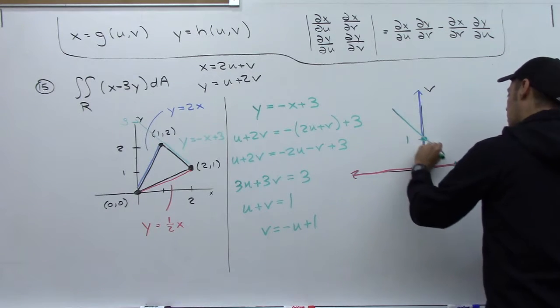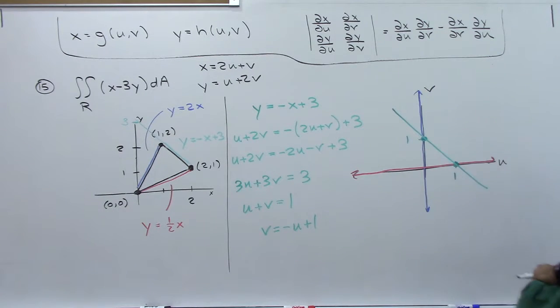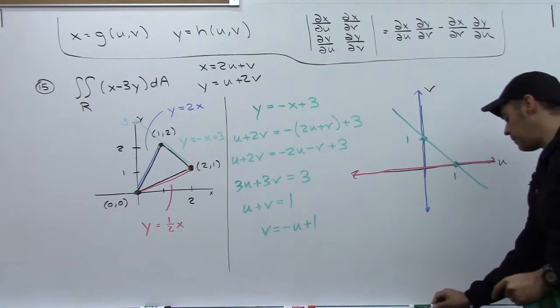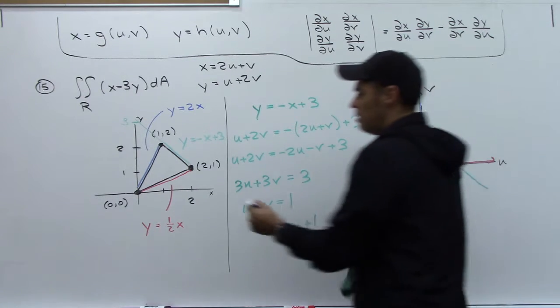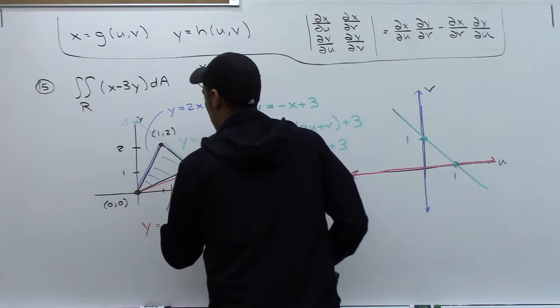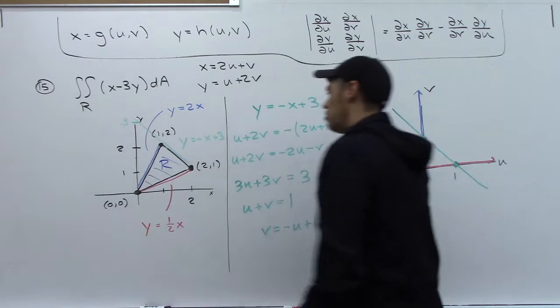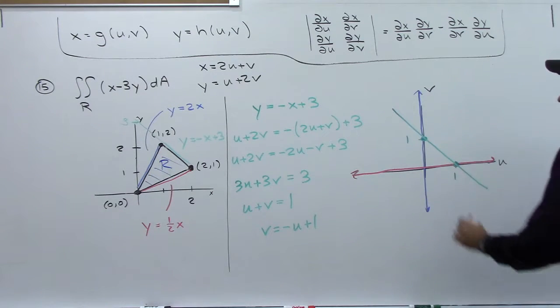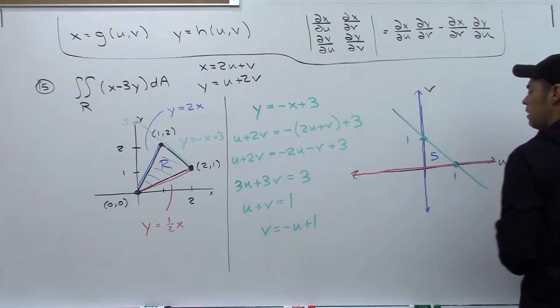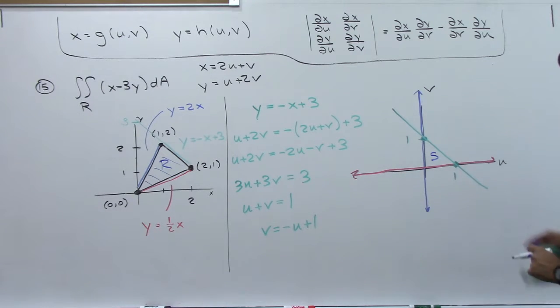And there. So you can see, I think it's obvious, that this region here, R, gets transformed into this new region over here, which we call S. And that S is a very clean type 1 region.